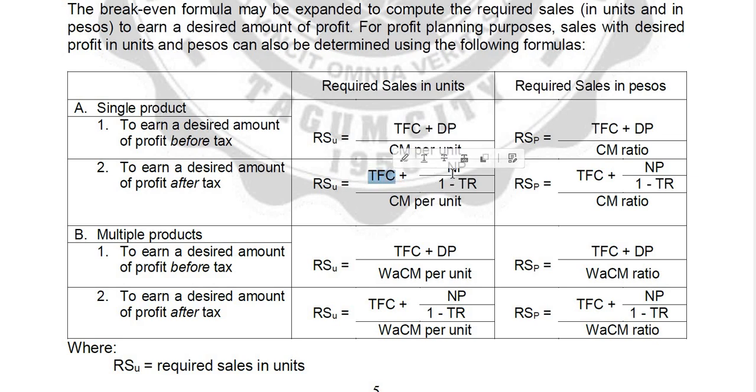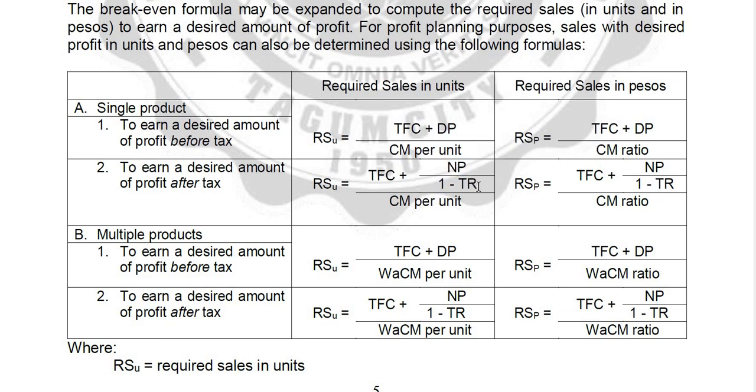Most probably, what you add here is net profit. That's total fixed cost plus your net profit, divided by 1 minus the tax rate. Say, for example, if your tax rate is 30%, this is your net profit, so that's after tax. So you divide it by 70%.